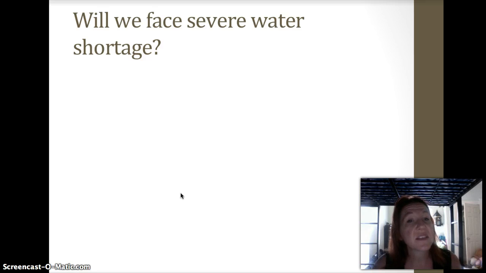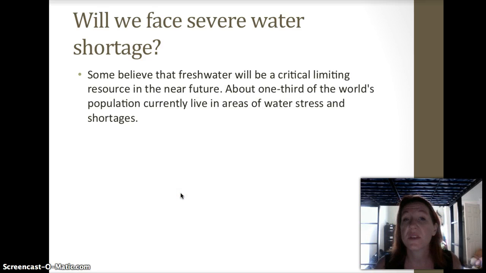So will we face severe water shortage? Well, some believe that fresh water will be what we call a critical limiting factor in the near future. Limiting factors are things that can cause a population to stop increasing or actually cause it to decrease. Already about one third of the world's population currently lives in areas where they understand what it's like to have water stress and water shortage.